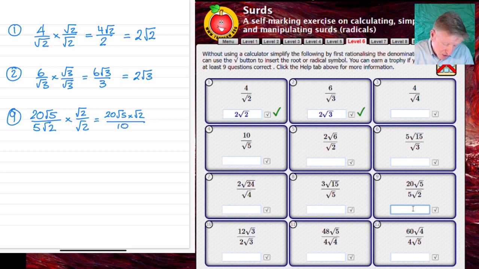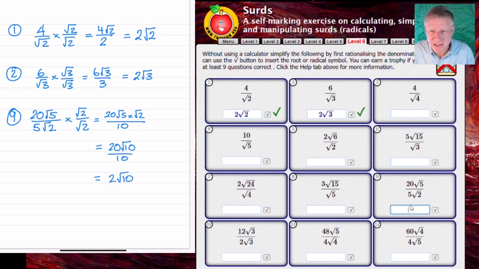So can you see it's starting to simplify now? I have got 20 root 10, by combining those two square roots there, divided by 10. And now I can see that I can divide numerator and denominator by 10, and that's going to give me 2 root 10.